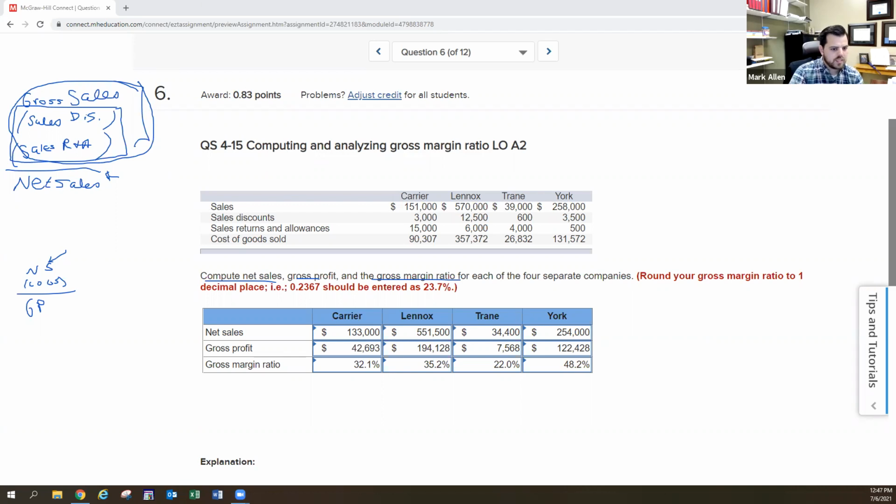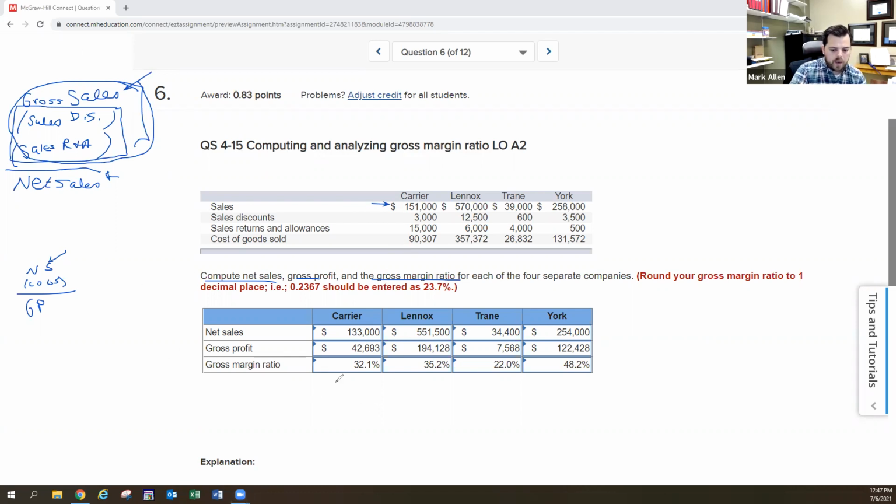So with this established, it makes this question a little bit easier to see. So here we go. In this case, we'll start off with sales. Sales are 151,000, right? This is what I'm calling gross sales. So for Carrier Company, we'll take 151.